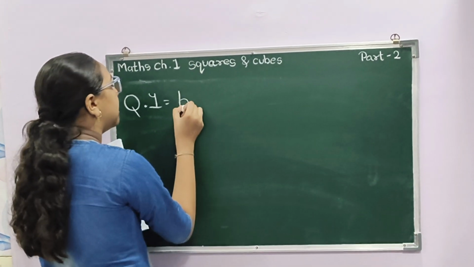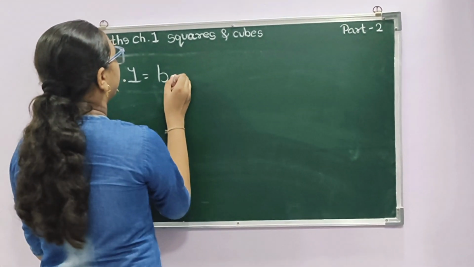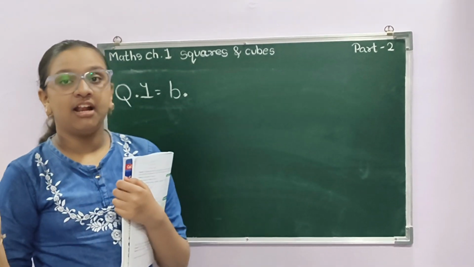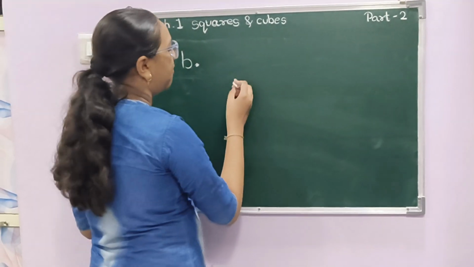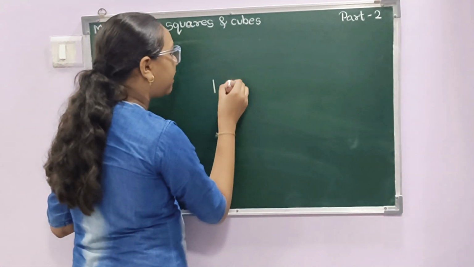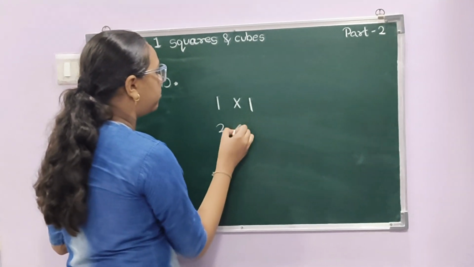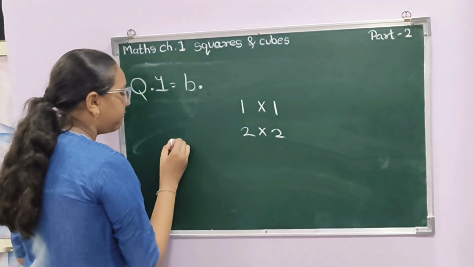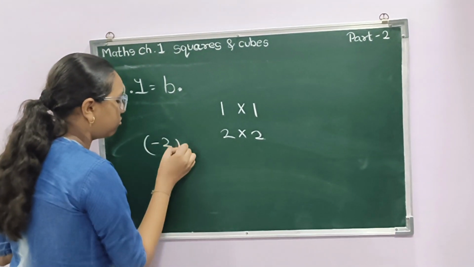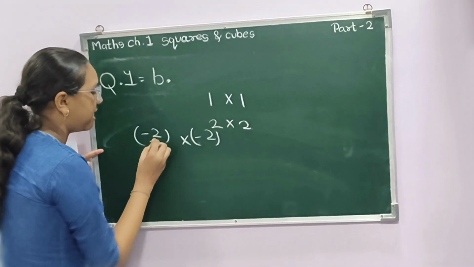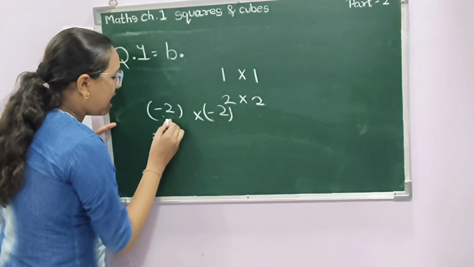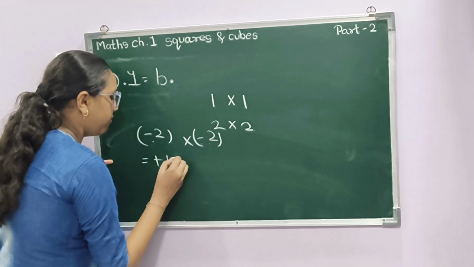So as I told you, in properties of square, in a square number a number is multiplied twice, means by itself. So like 1 into 1, 2 into 2. If there is a minus also, minus 2 into minus 2, so minus minus equals to plus, and 2 into 2, 4.